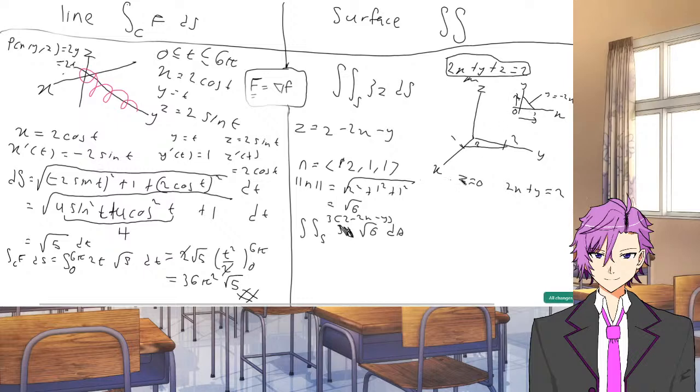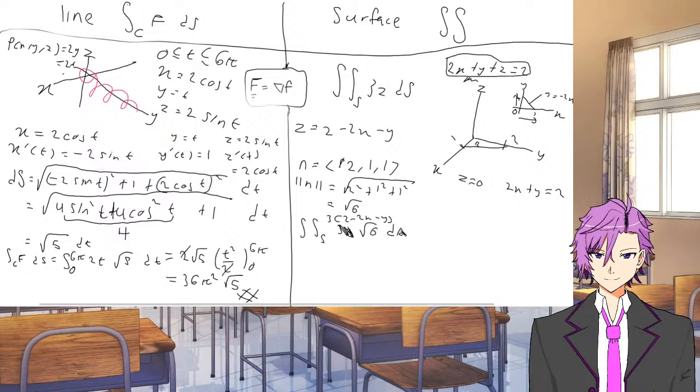So y approaches from 0 to 2 minus 2x. Now we can actually take out these 3 square root 6.